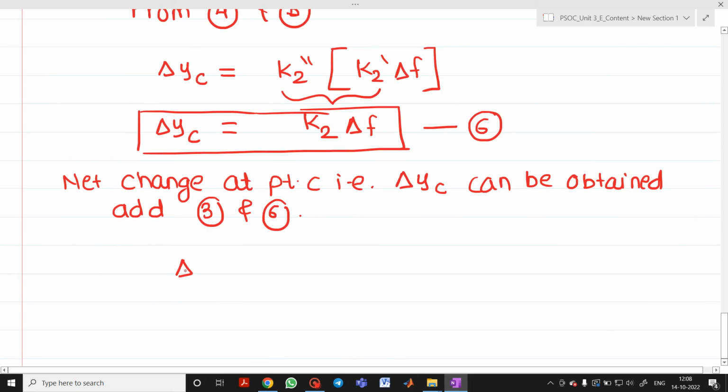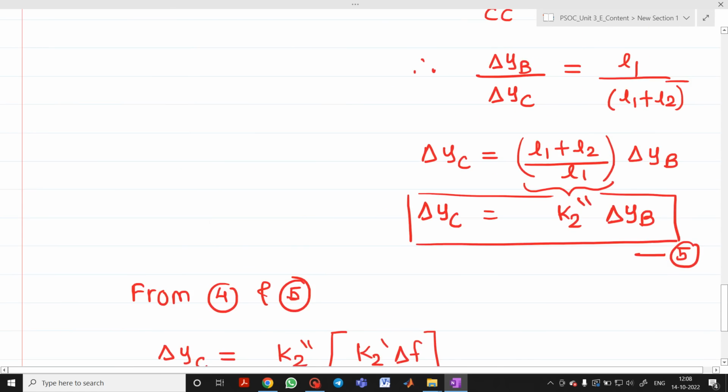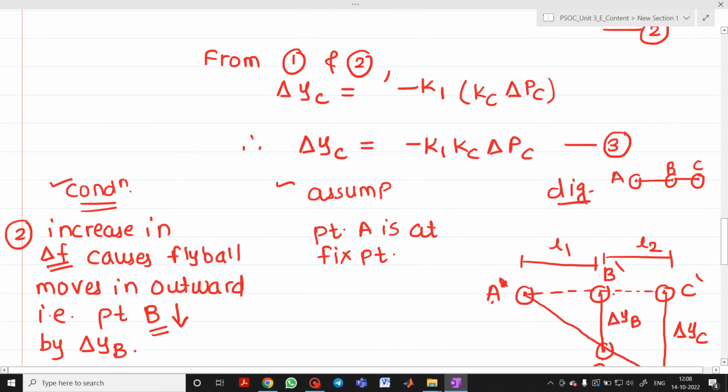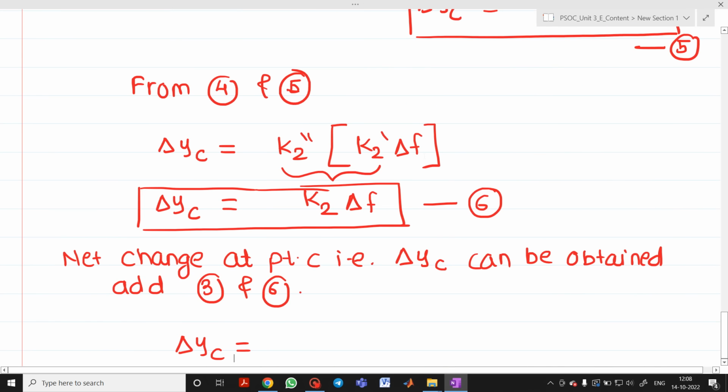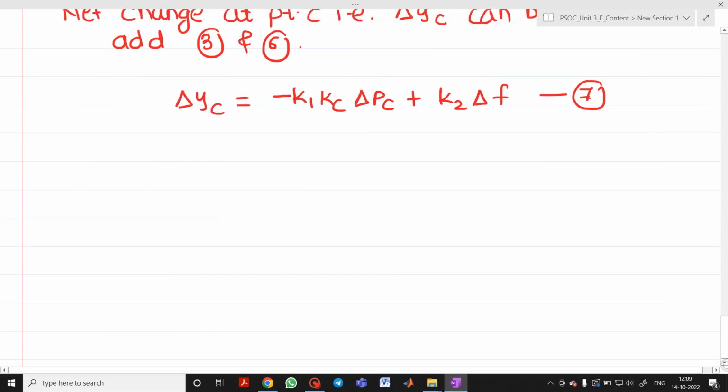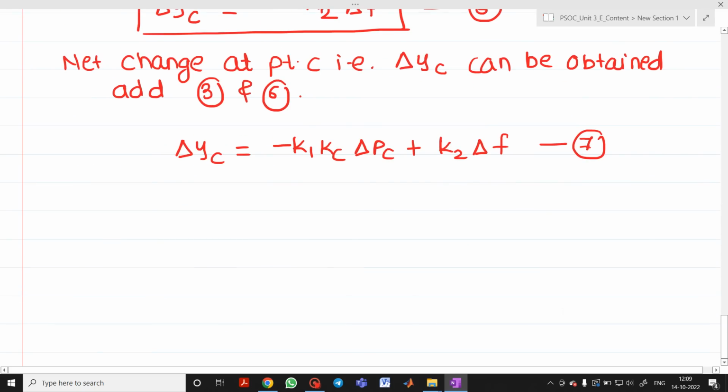So delta YC will be equal to your equation number 3. Please see, where is your equation number 3? It is minus K1 KC delta PC. So I will write it here: minus K1 KC into delta PC plus K2 into delta F. Mark this as equation number 7. So what is this equation? It is nothing but the net change at point C.